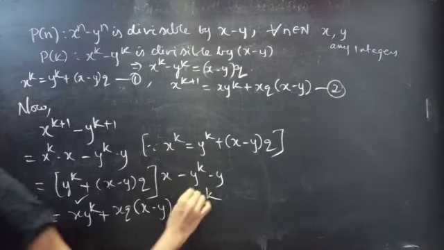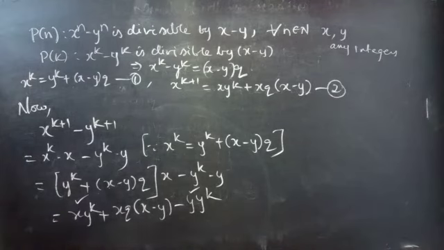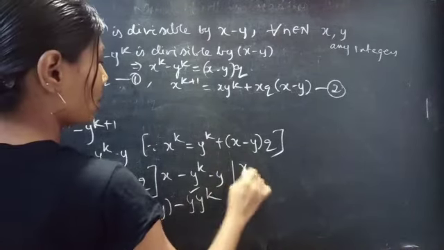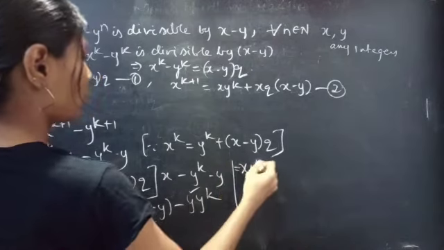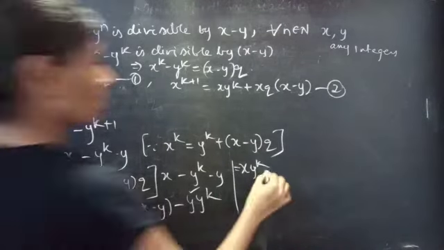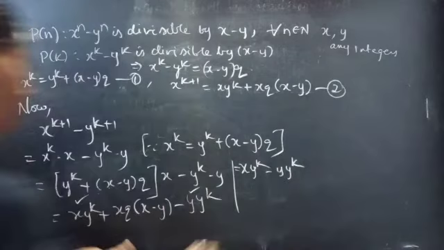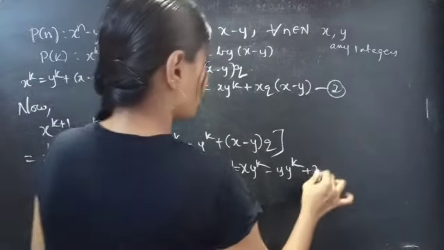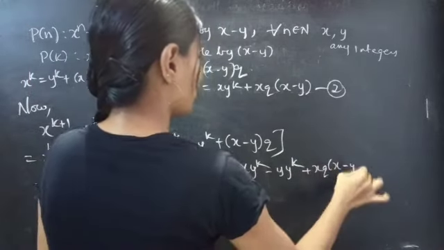Now write the terms involving y power k first: x into y power k minus y into y power k plus x cube into x minus y.